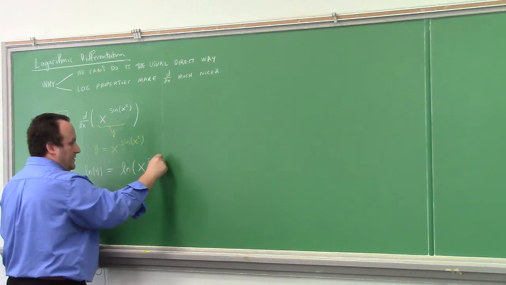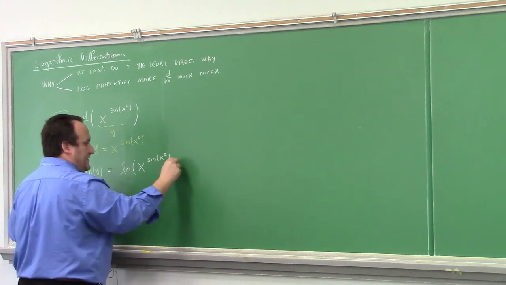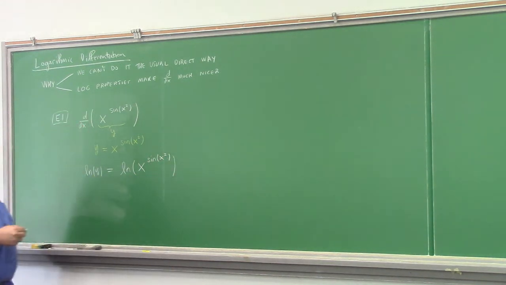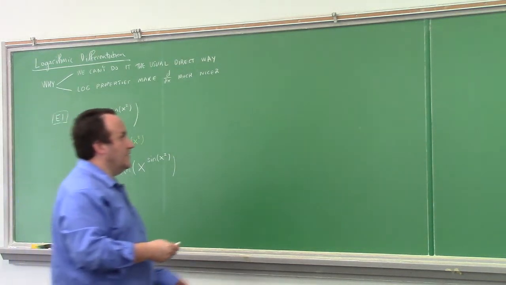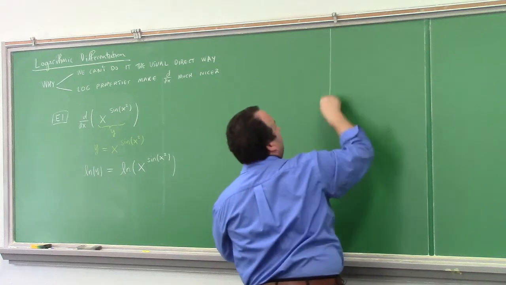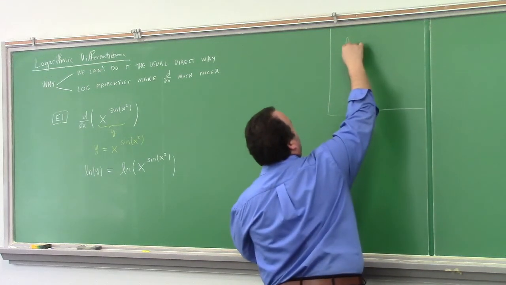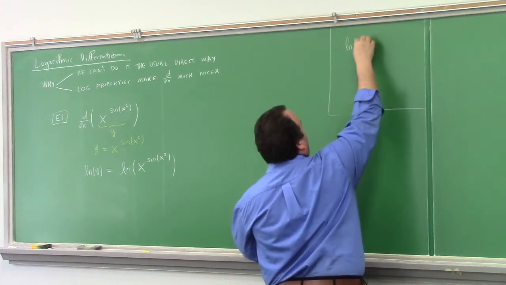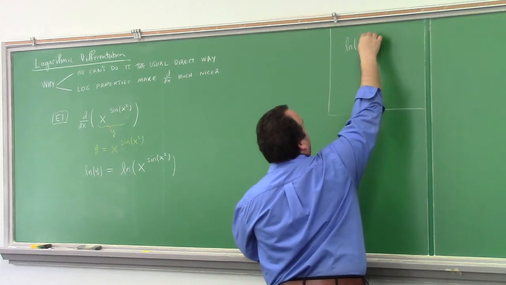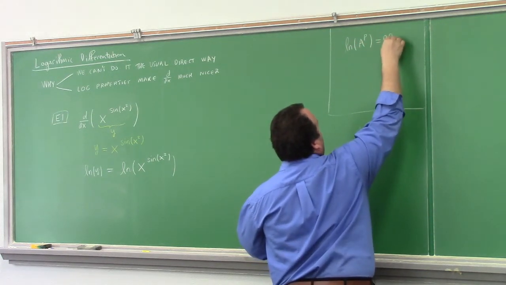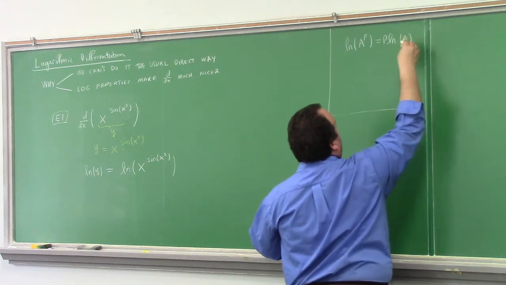And what are the key properties of the logarithm? I'll write them up here. One of them is that the natural log of a to the power p is p times the natural log of a. That's one of the properties of log we love to use.